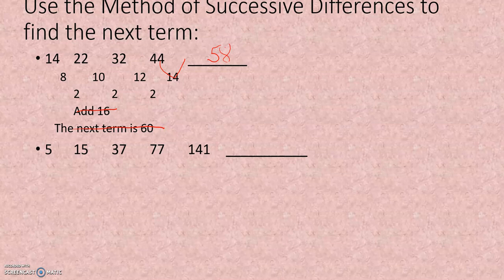5, 15, 37, 77, 141. What is the next term?